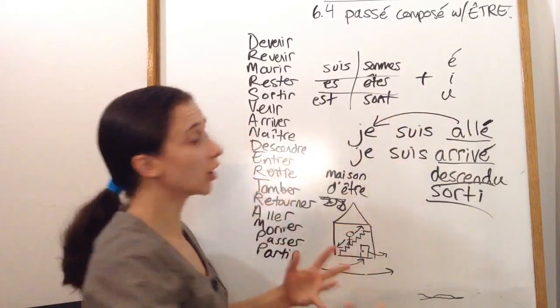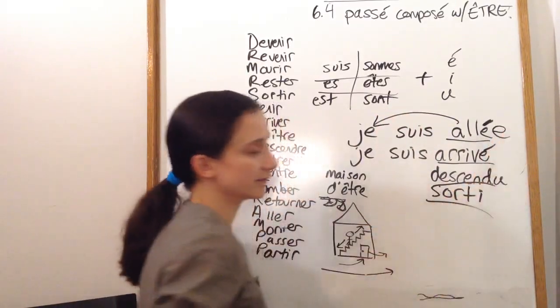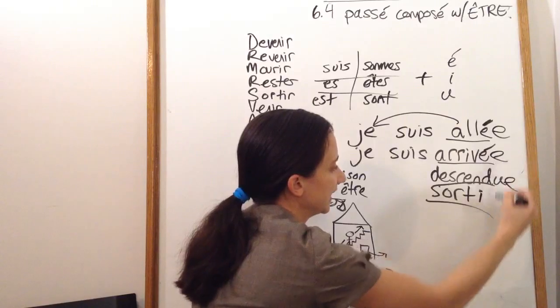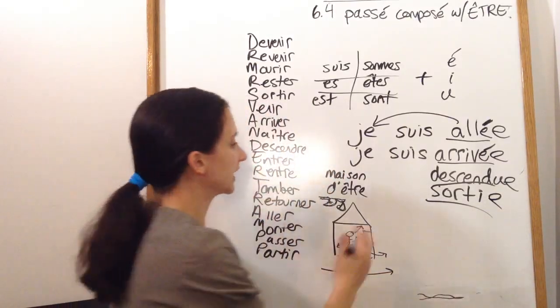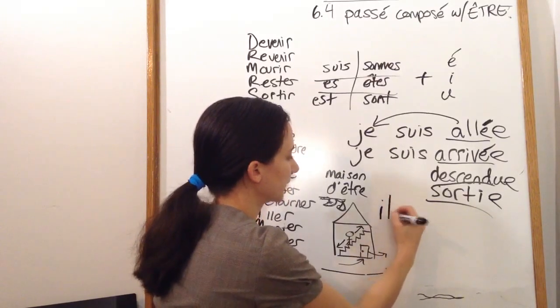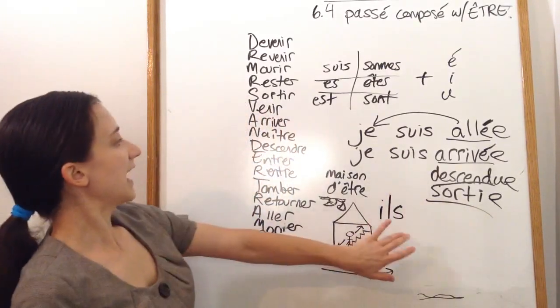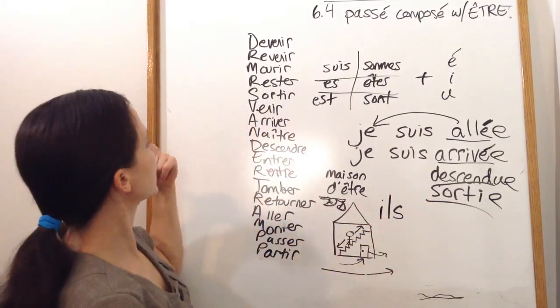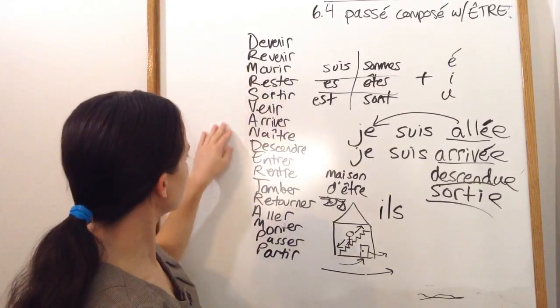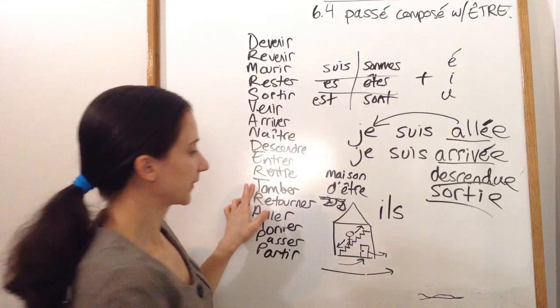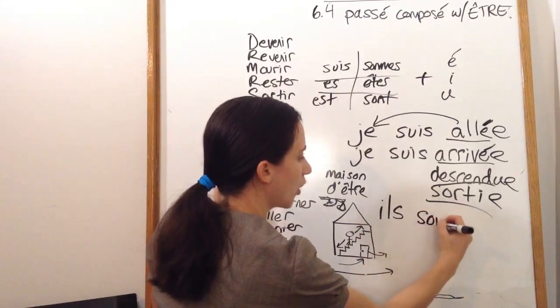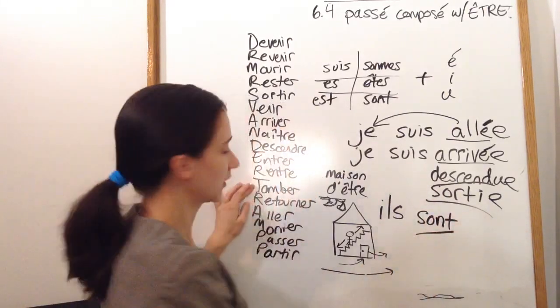So if you are a girl, you need to add an E. If you're a guy, just leave it alone. But say we're talking about a group of people. Ils, they, let's pick tomber: they fell. They are fallen.